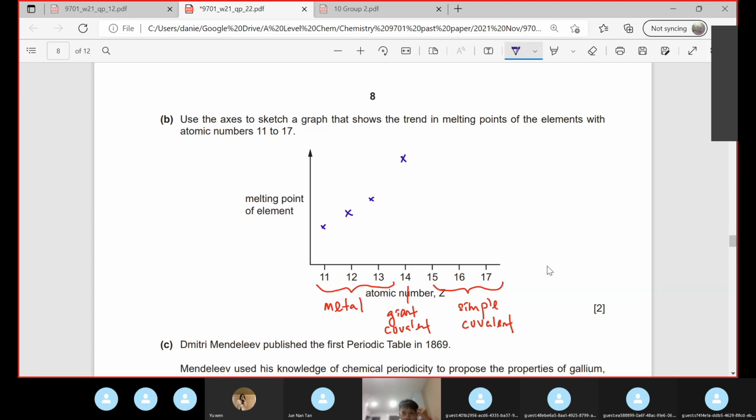When it comes to 15, let's say I plot it here. Then 16, you need to show a slightly higher melting point. Then 17 is the lowest. Then you join them together.